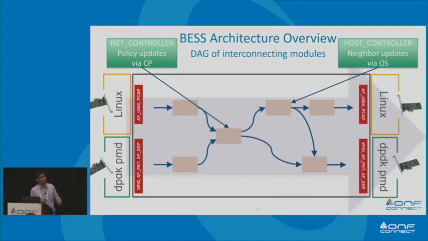Similarly, the second module, which is the host controller, can talk to the router module, and the host controller can be talking to the kernel itself, maybe using netlink sockets to get route updates and ARP updates, and then it can use gRPC to communicate to the router module to update the traffic directions.